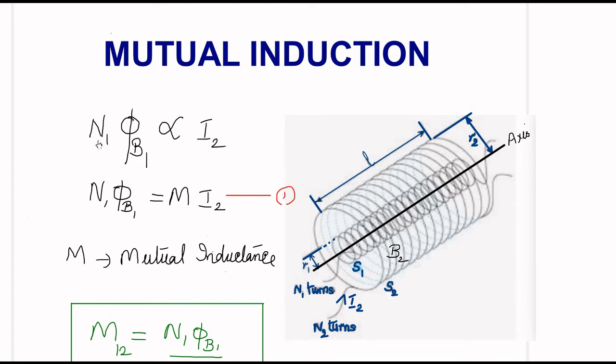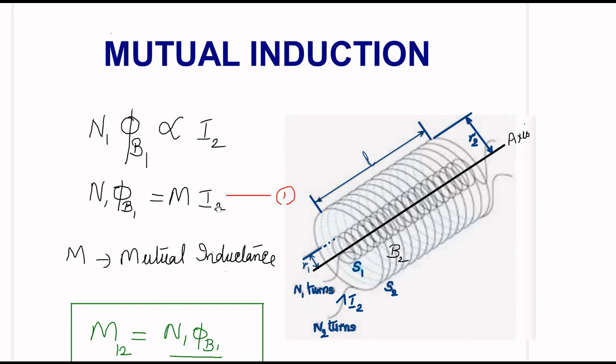So we write N1 phi B1, which is the flux associated with S1, is proportional to I2, or N1 phi B1 is equal to a constant into I2. That constant M is called the coefficient of mutual induction or mutual inductance.